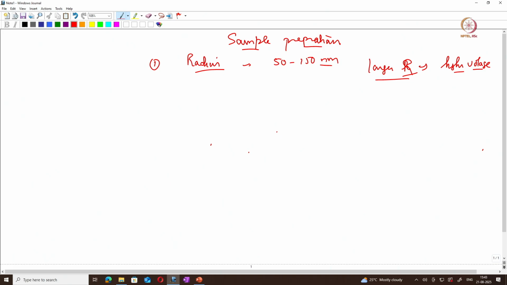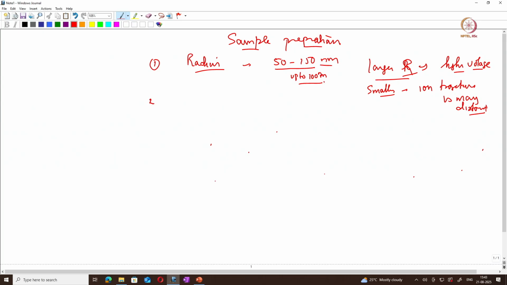If it is a very small radius, then your electric field distribution will be very complex and the ion trajectories may distort. This will have a direct implication on the reconstruction of the needle specimen. So the optimum radius of curvature should be between 50 to 150 nanometers, or up to 100 nanometers.